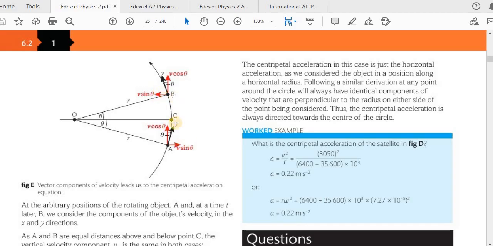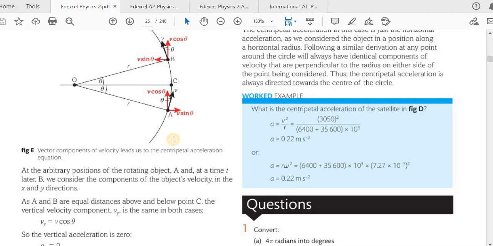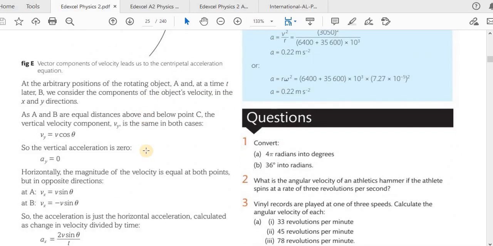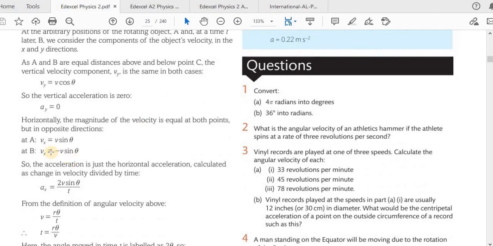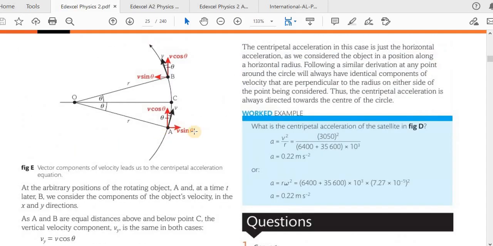But the horizontal components of velocity are in opposite directions, which means there is a change in the velocity, which we call acceleration. So in the vertical direction, the acceleration is 0, because you can see the vertical component of the velocity before and after is still the same. Then if you take the horizontal direction at A, if you take to the right as positive, it will be v sine theta.